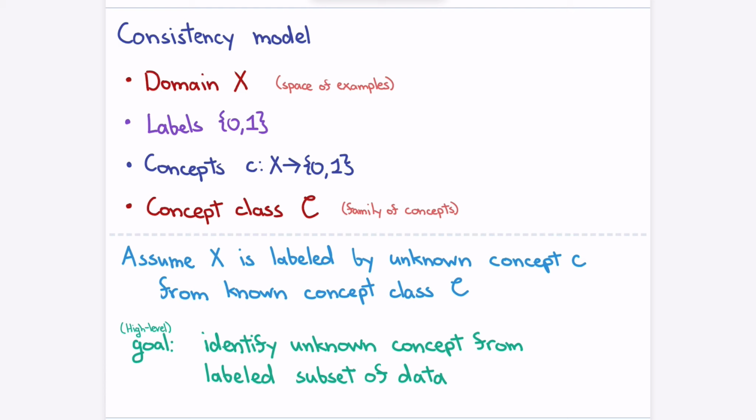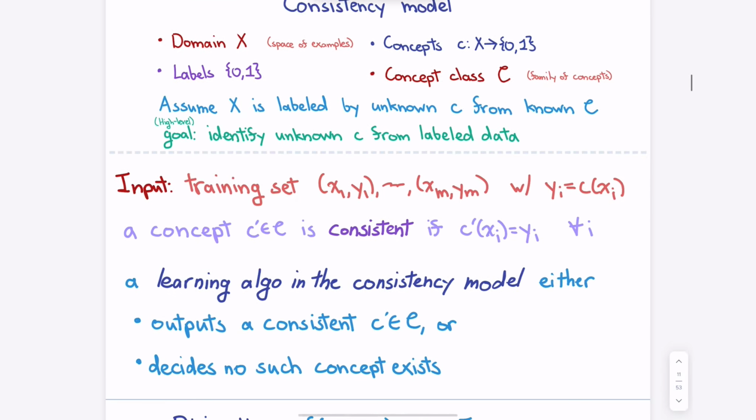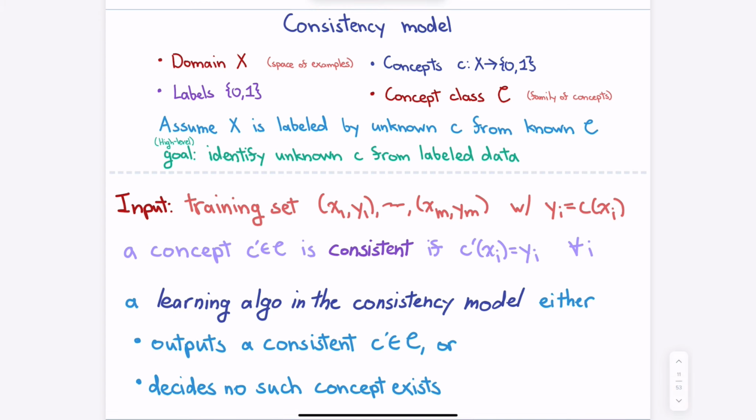Okay? And the basic problem is, there's some secret concept hidden from you that's labeling these points. Can you figure out the concept? Especially if I only give you a subset of the points, right? So a simple example, okay, so yeah.